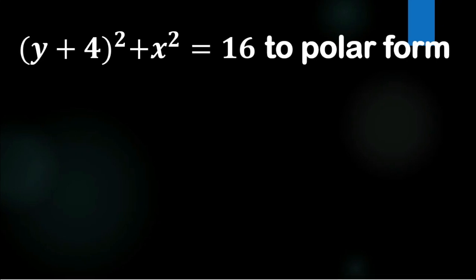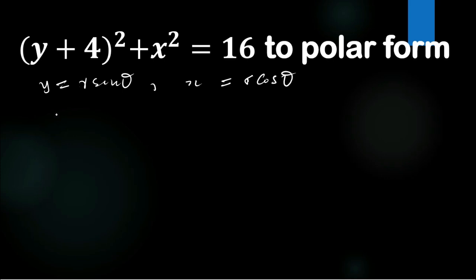Now, this is another question. It says y plus 4 all squared plus x squared is equal to 16. The same thing we did, we are going to replace y with r sine theta and x with r cos theta.